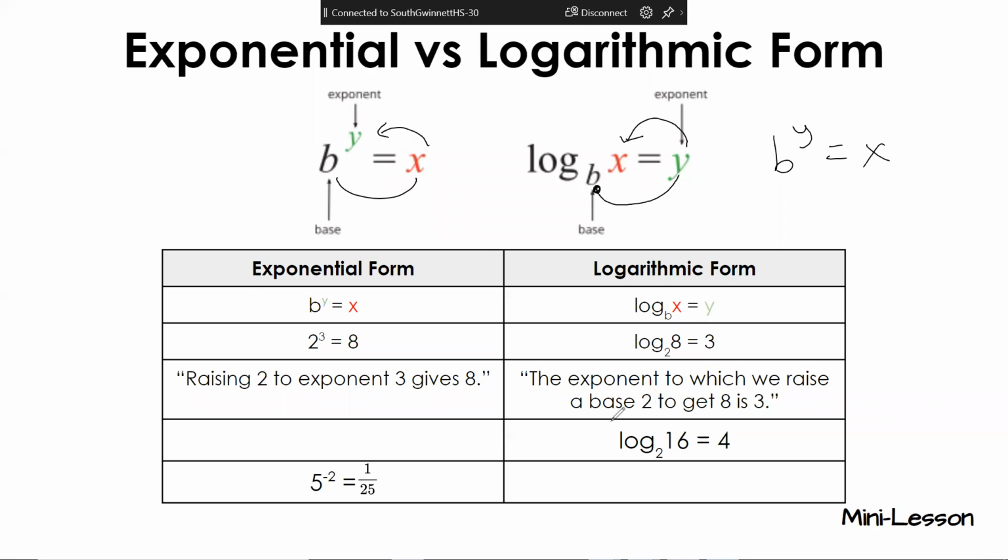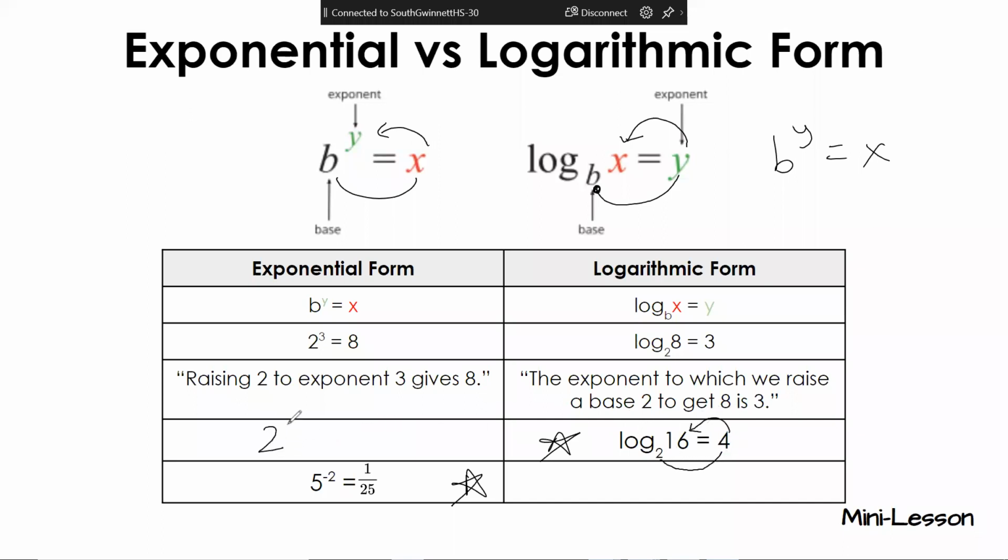Okay, so take a moment. I want you to take this last one right here, log base 2 of 16 equals 4, and write it in exponential form. And then I want you to take this one and write it in log form. Take a second, see if you can do it. So if I'm going to go from log to exponential, I'm going to start at 2, go to the outside, finish over here.